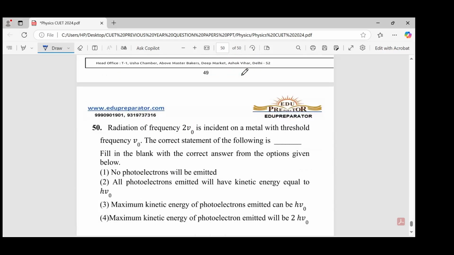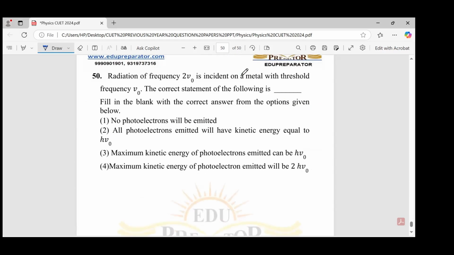Then proceeding further, we have the famous Einstein equation, half m v max squared, that is the maximum kinetic energy of the electron, equal to h nu minus h nu naught. So with nu being twice the frequency, h(2 nu naught) minus h nu naught is equal to h nu naught. That is the answer, right?